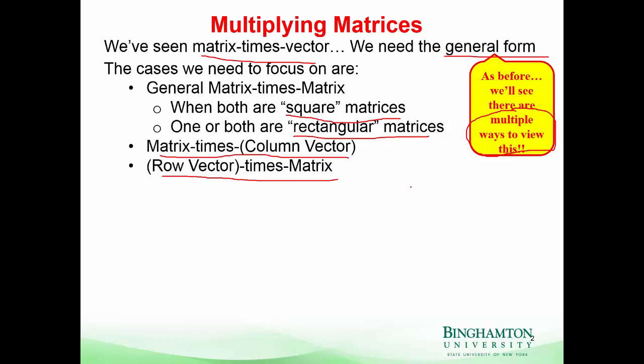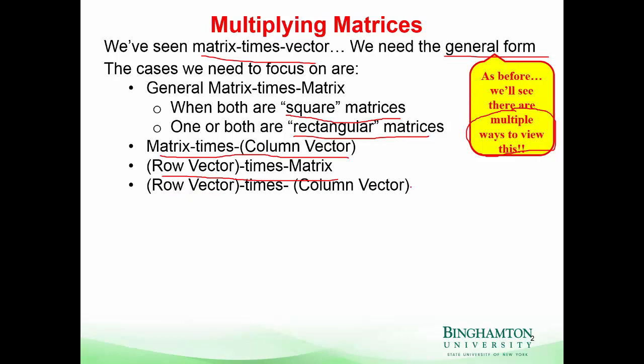Just like we saw before, in the general case of matrix times matrix, there are cases where you have two matrices and they just cannot be multiplied. That's a very interesting distinction from the real number case.